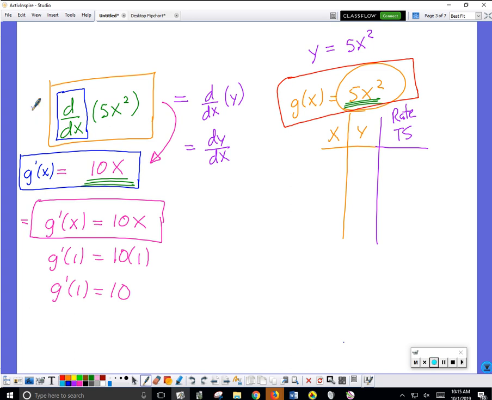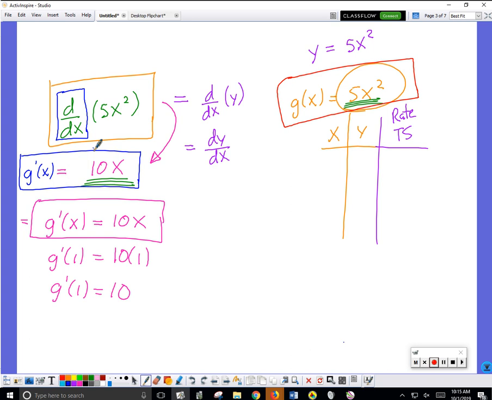Like Luke said, another point for him, just type that on your calculator and it'll tell you the slope. You don't get to use your calculator on the next test. You have to learn how to use the shortcuts instead. Using the shortcuts, you're going to discover this formula, 10x. This formula finds all the xy pairs. This formula finds all the tangent slopes.